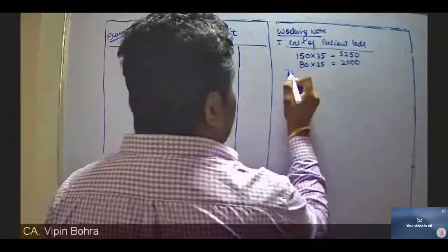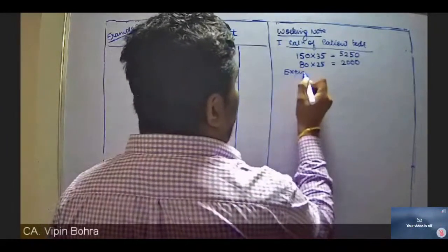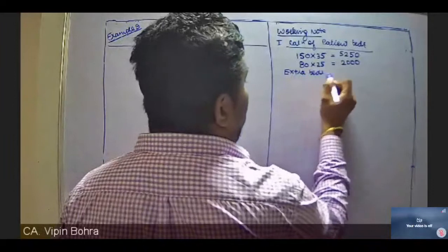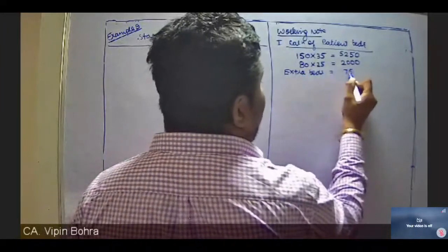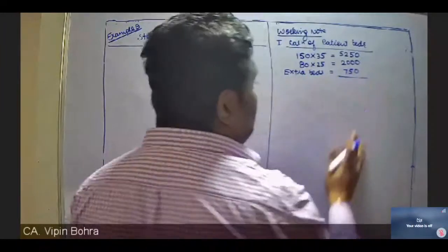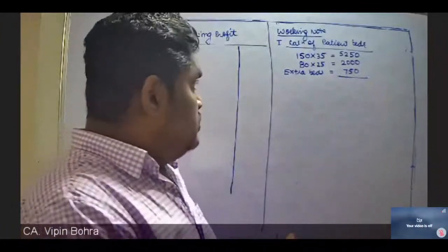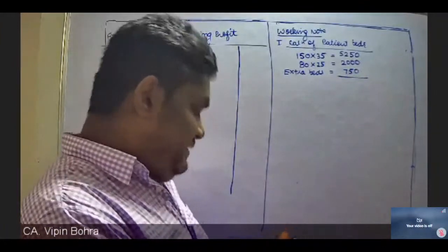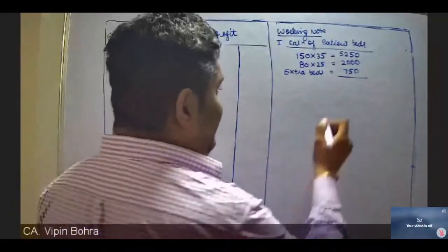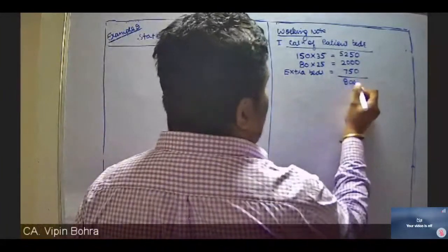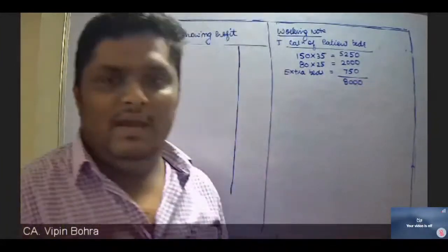Extra beds, 750 as given in the question. So 2000 plus 5250 plus 750, total 8000 patient days. I hope this part is clear.